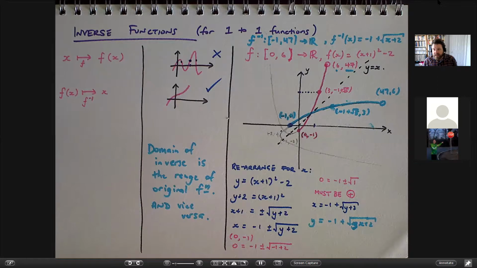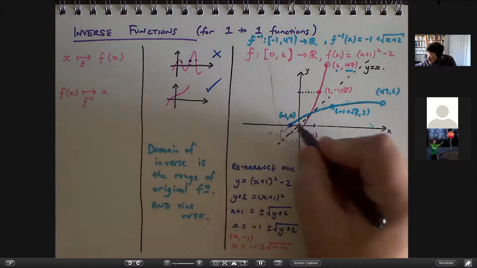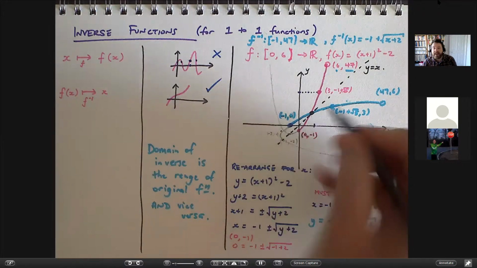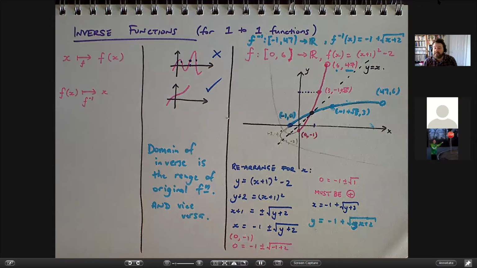The only really tricky question you tend to get asked on these that's worth making clear for you, sorry, I just got something in my eye, is you will quite often get asked, where does this function intersect with its own inverse? So this point here, where the two graphs intersect.